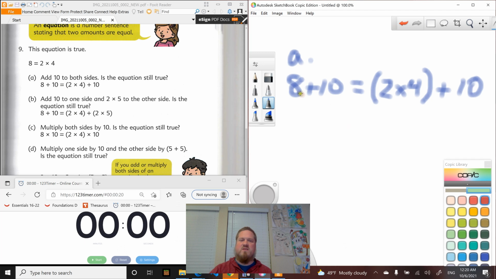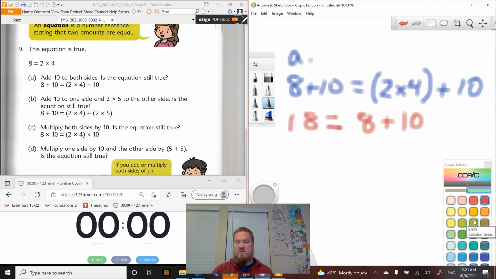So, on this side, we didn't need parentheses because there's only one expression on this side of the equation. 8 plus 10 is what? Pretty easy, right? 18. And we're checking to see if it's equal. On this side of the equation, we have two expressions, 2 times 4 and plus 10. 2 times 4 is what? 8 plus 10, so we keep the 10.